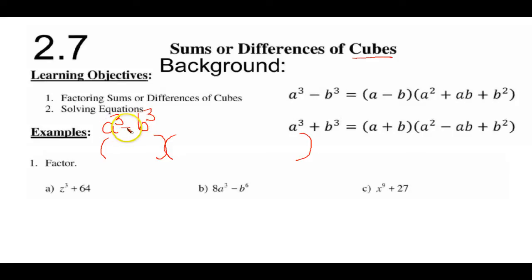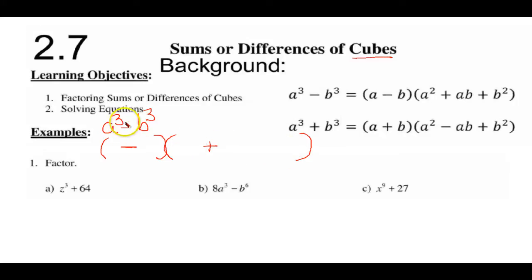Now, what sign do you put here to separate these terms? Well, this sign right here: you put a negative sign there. If you put a negative sign there, in the middle you're going to put a positive sign, the opposite of that sign. All the other signs are positive. These are the only differences.